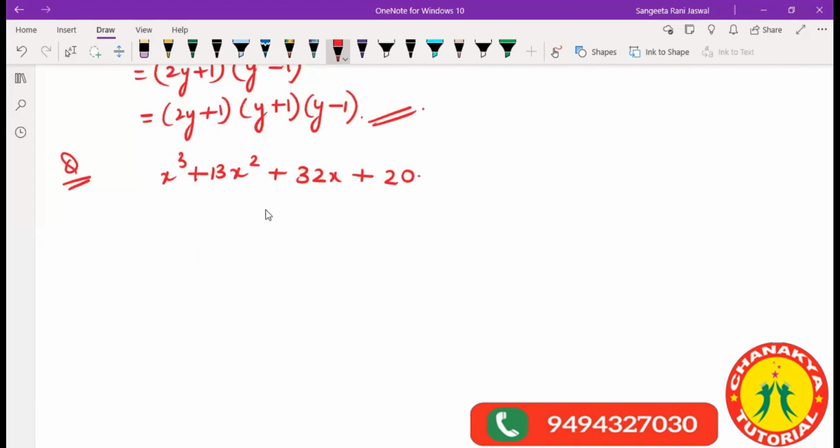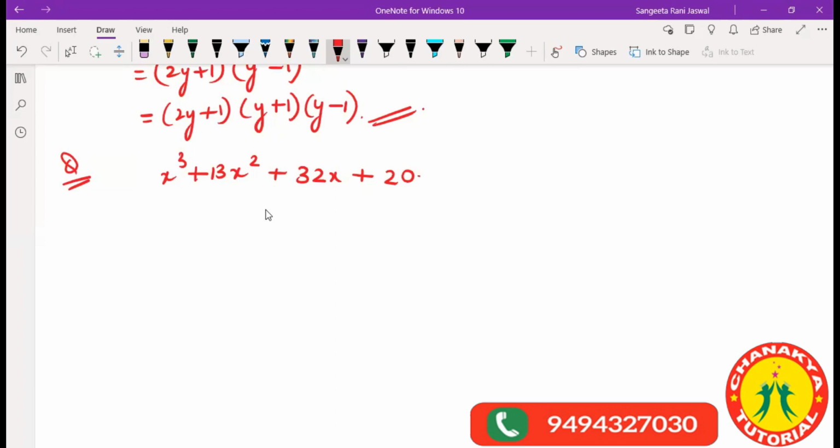If you take x square common out, you are left with x plus 13 inside. And from here, what can you take out common? These are both multiples of 2. Even if you take out 4 outside, you have 8x plus 5 inside, and here you have x plus 13.